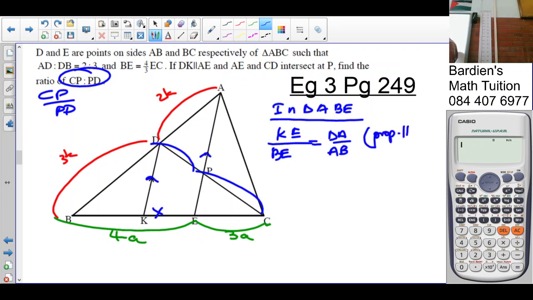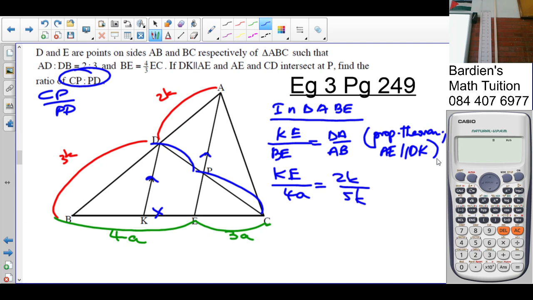The proportionality theorem, with AE being parallel to DK. KE is what I want to work out, and KE over BE, which is 4A, is equal to DA. What is DA? 2K over 5K.